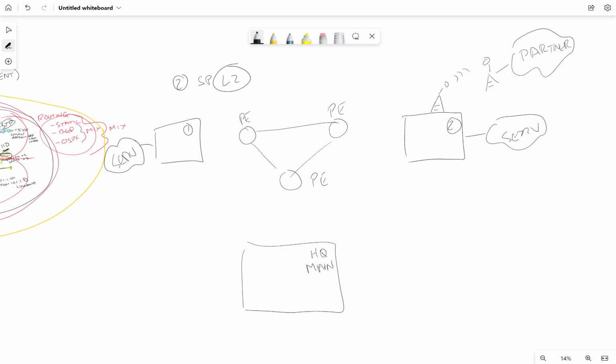Now if these are taken at face value and you see that there's only 1 PE, which I'm asking you to do for the purposes of this video, however in real life you might have different permutations. So this PE might be 2 PEs here, 2 PEs here and 1 PE here. So you have something like this.